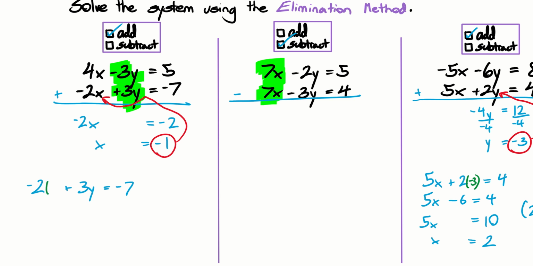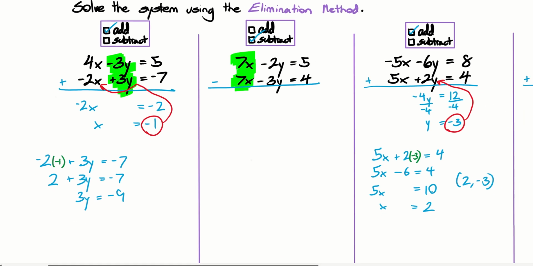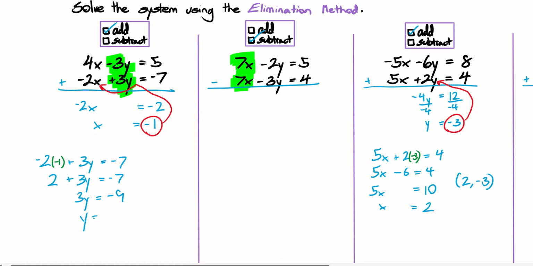Erase and replace it with a negative 1. 2 plus 3y is equal to negative 7. I'm going to subtract 2 from both sides. 3y is equal to negative 9. I subtracted 2 from negative 7. So y is equal to negative 3 when I divided both sides by 3. My answer is negative 1 comma negative 3.